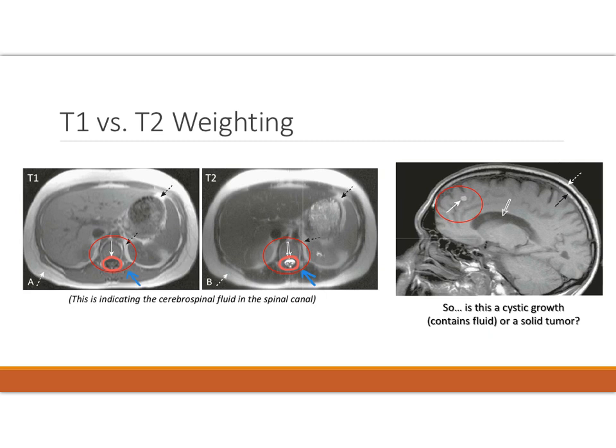Well, that's the difference between a T1 and a T2. Right? So, in this T1 image on the left here, you get dark fluid. On this T2 image here on the right, you get bright fluid. And we know that by looking at that cerebrospinal spot.